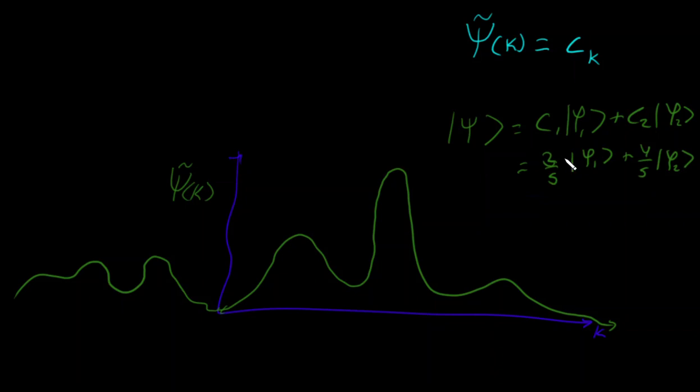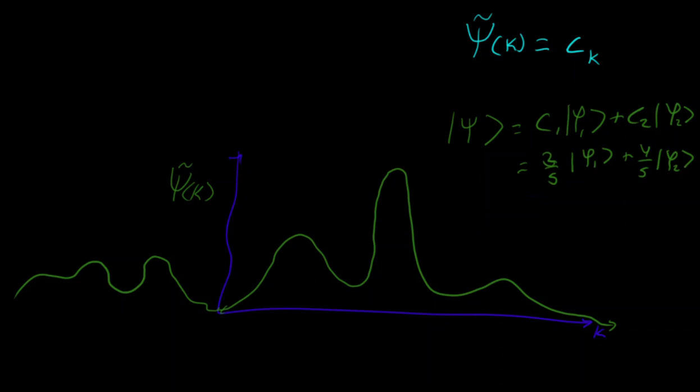You have 9 over 25, so 36% chance of having the value q1 for your observable, and 64% chance of having the value q2, and that's the state of the particle.